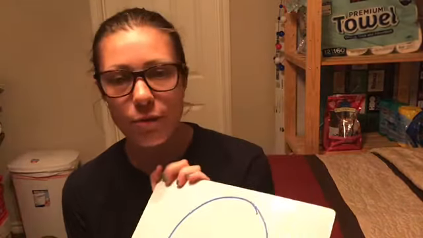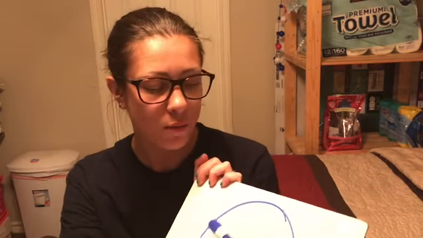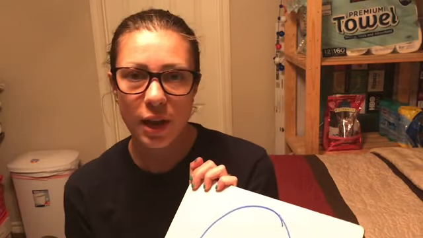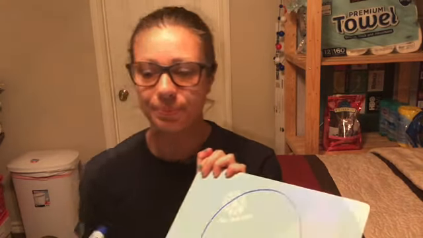Okay, let's get started. The first thing you're going to need to do with our circle of fifths is, of course, draw a circle. Make sure that your circle is large enough where you can draw all of the key signatures and all their sharps and flats.